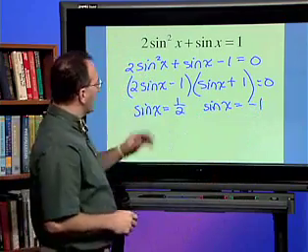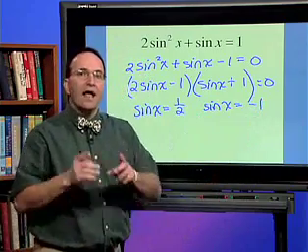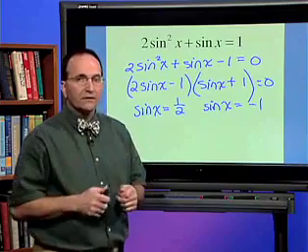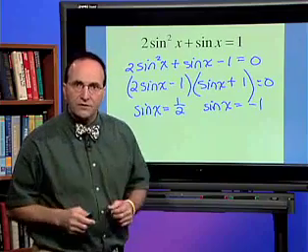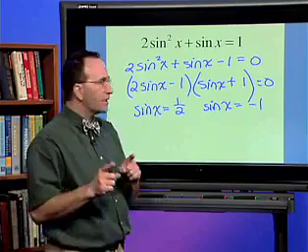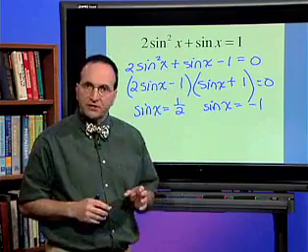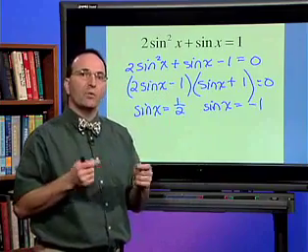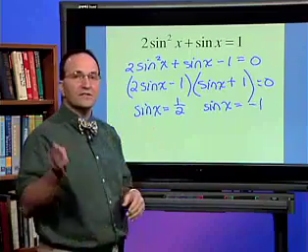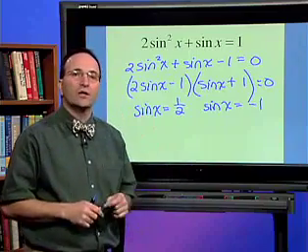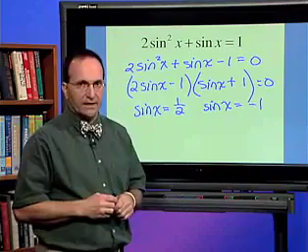All righty. Well, the sine of x equaling 1/2, that is one of the angles that you should memorize, pi over 6. But also, we weren't given any restrictions, which means we also have to think about where else sine is positive, and that is in quadrant 2. So the angle in quadrant 2 is 5 pi over 6.